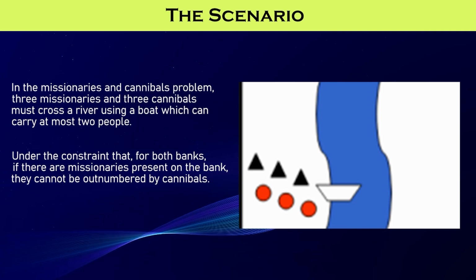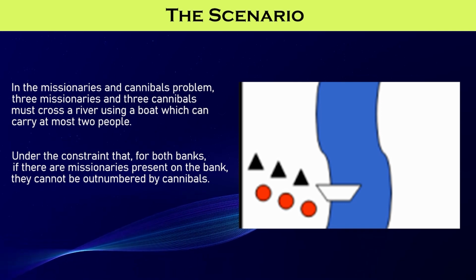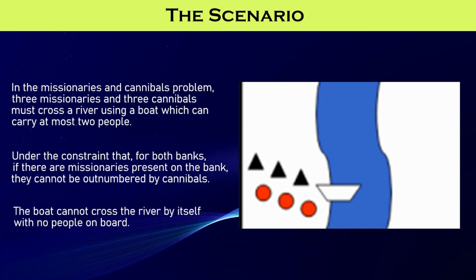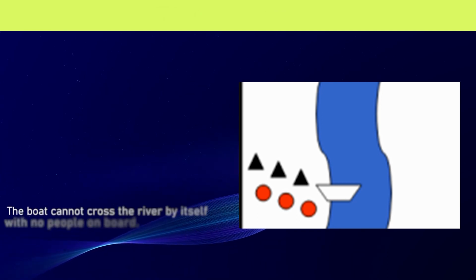If they were, the cannibals would eat the missionaries. The boat cannot cross the river by itself with no people on board, and in some variations, one of the cannibals has only one arm and cannot row. Let us have the solution one by one.